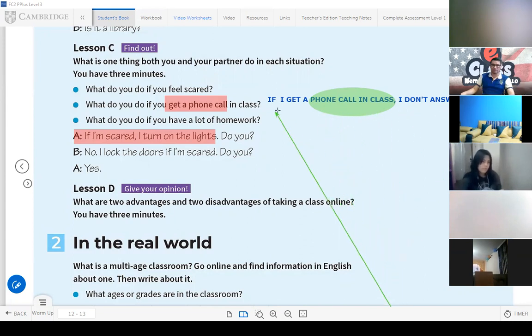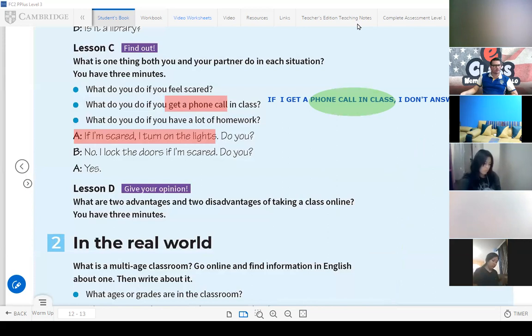Could be your answer. Okay, excellent. Yeah, that's the same, right? I think that's common. Pienso que esta respuesta es la más común, ¿no? If you get a phone call, I don't answer, no respondo. Okay, now let's see. And this for a different situation, ¿no?